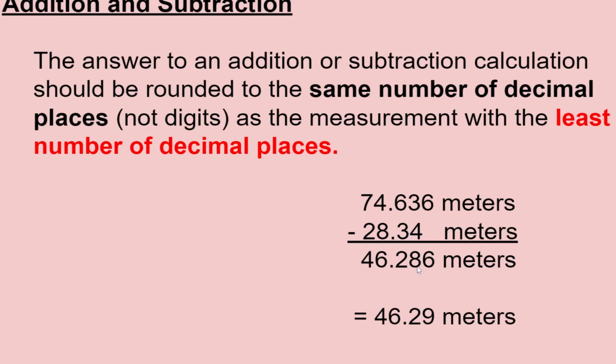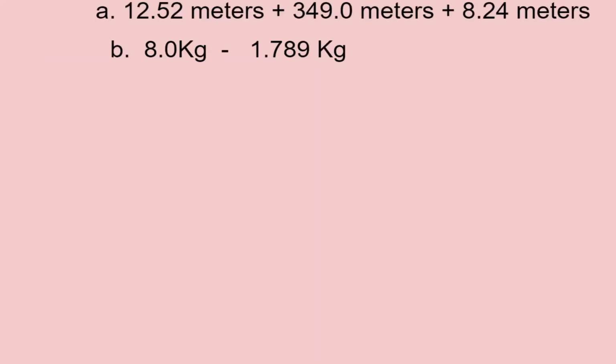So we have to round to 2 decimal places. There's a 6 on the other side, so we round that 8 up 1. All right, take a minute and answer A and B on that question that asks you about them. We'll go over them together in just about a second. So if you need a little bit more time, pause the video now.